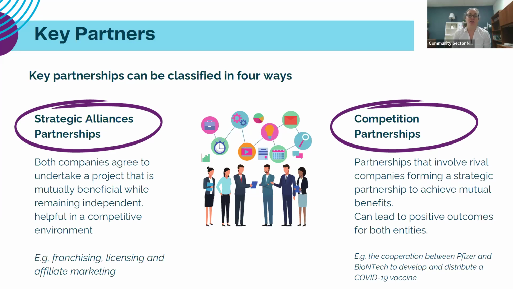But neither company on their own was going to be able to get to that end goal in the time that was required. So through a cooperative partnership based just on this one project, Pfizer and BioNTech, in a very unique relationship for that pharmaceutical industry, agreed to collaborate on this vaccine and share some of their IP so that we could get to that end goal faster.